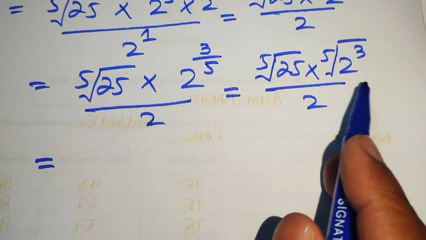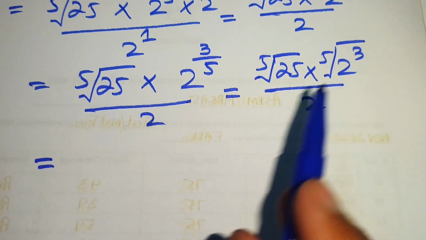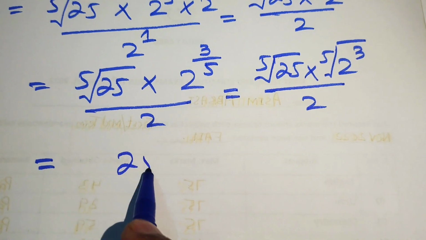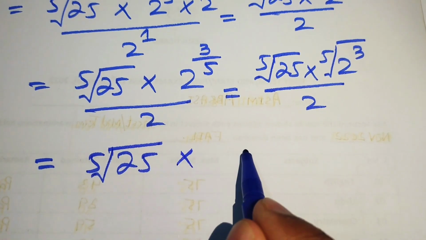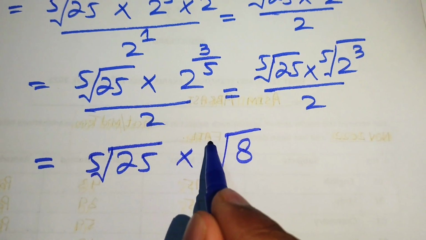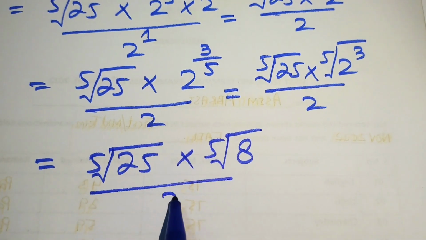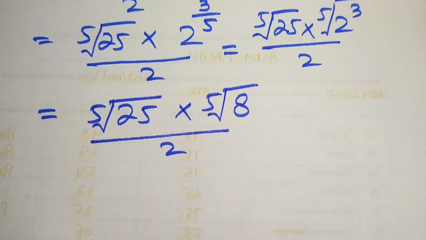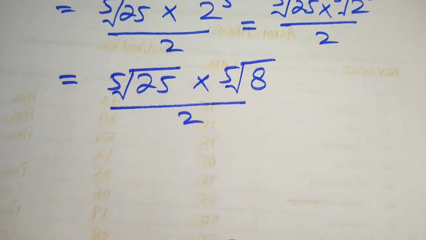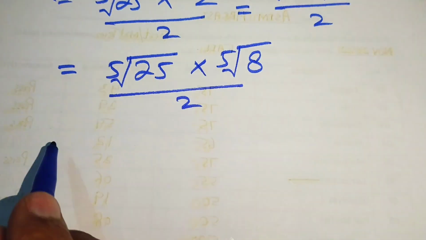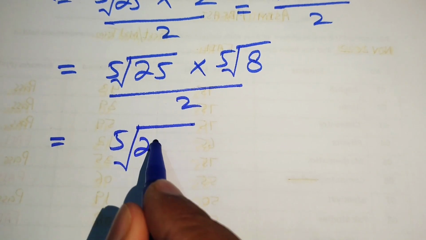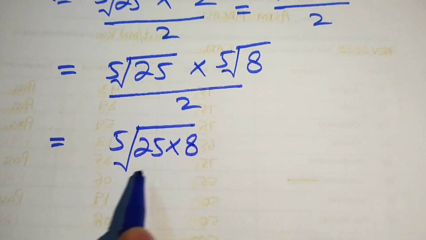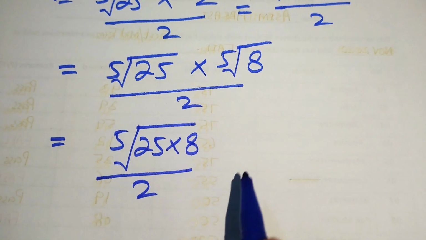So now you see 2 cubed is equal to 8, and we write it as the fifth root of 25 multiplied by the fifth root of 8, divided by 2. Now both terms have a fifth root, so we combine the root and write it as the fifth root of 25 multiplied by 8, divided by 2.